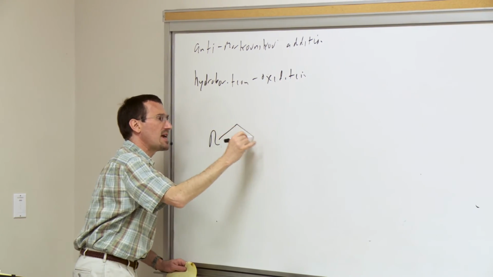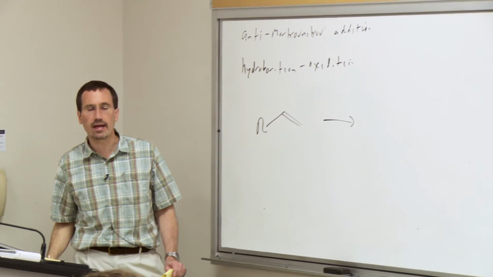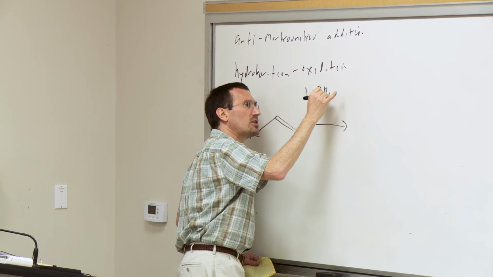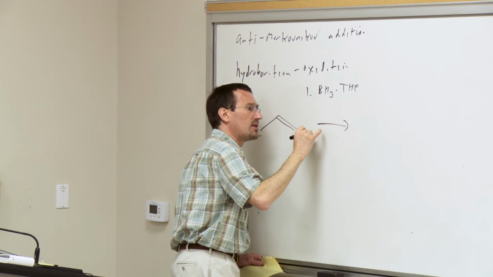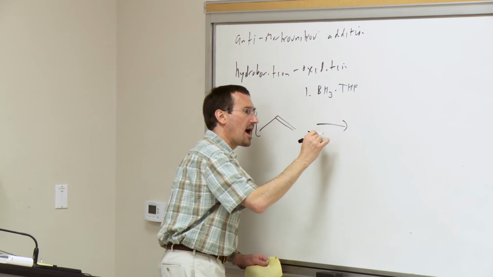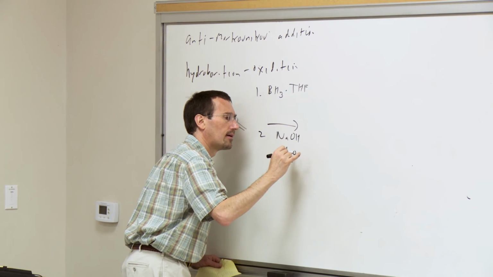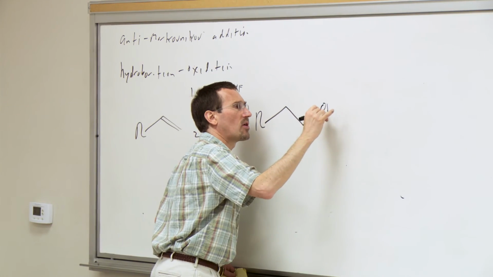And so if we take our same alkene, I've just written it as a generic alkene, and we treat it with BH3 and THF or 9-BBN or whatever our favorite boron source is, and then alkaline hydrogen peroxide, now we go to the corresponding primary alcohol.